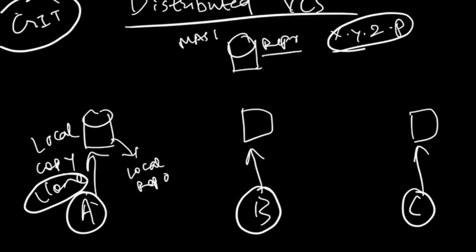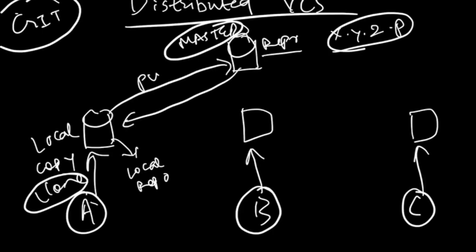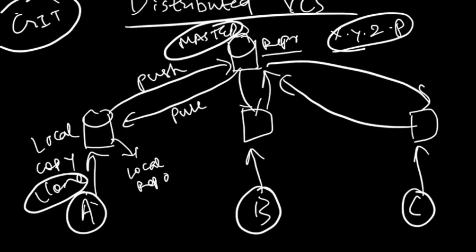So let's call it master. So what happens in a distributed system? A only connects to the main repo when he wants to push the changes from his repo to the main repo, or when he wants to pull the changes from the main repo to his local repo. And similarly, so does B and C.